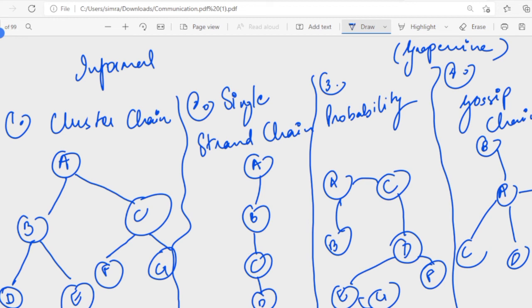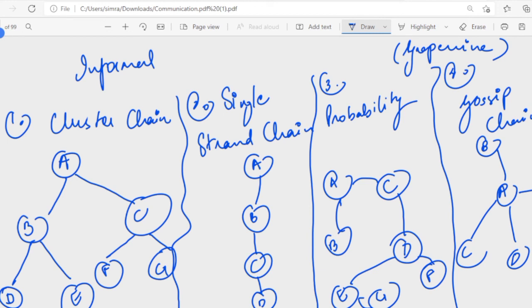One person A passes the gossip to a group, that group passes it to another group, and slowly everyone in the organization or the workplace is informed. That is known as grapevine or gossip chain. So you got the difference. I hope you have understood the basic difference.